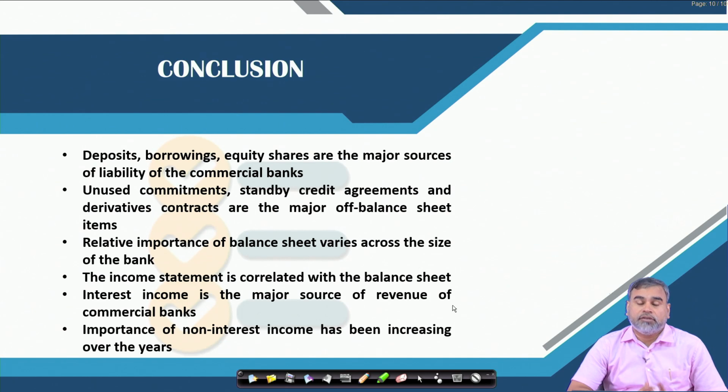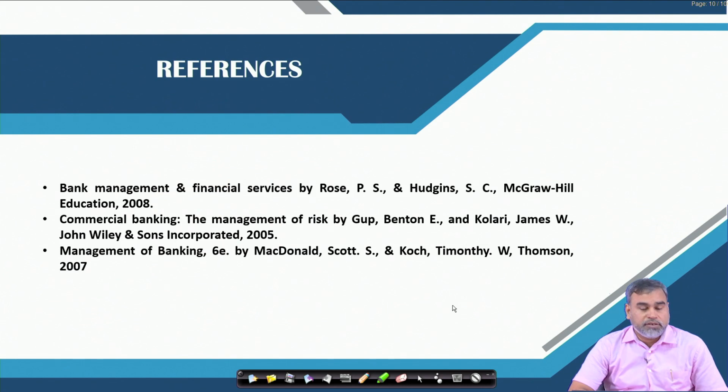So, these are the conclusions, the major points we can derive from this discussion, and these are the references you can go through for a detailed discussion on the different liabilities and the income statements of the commercial bank.